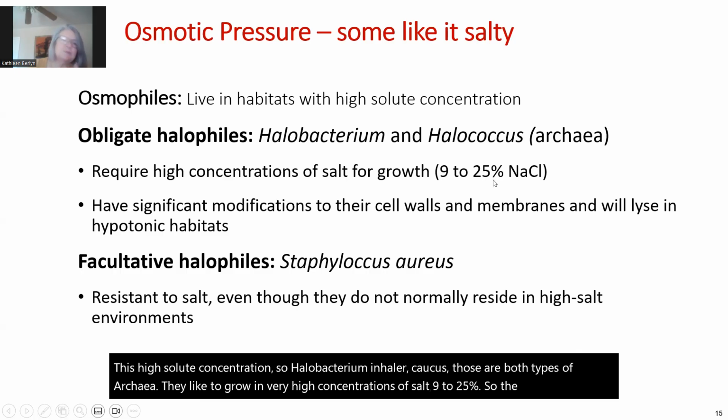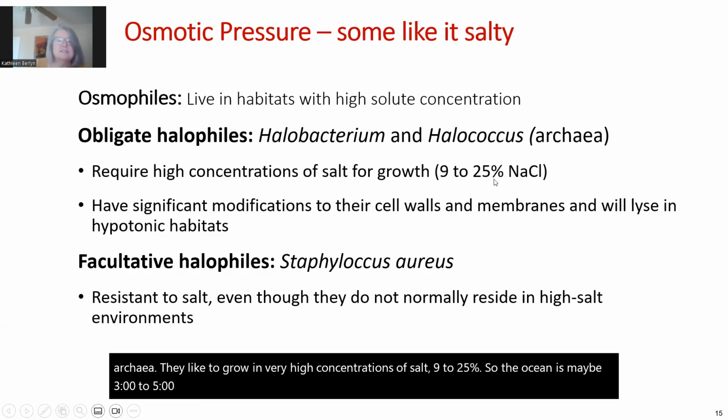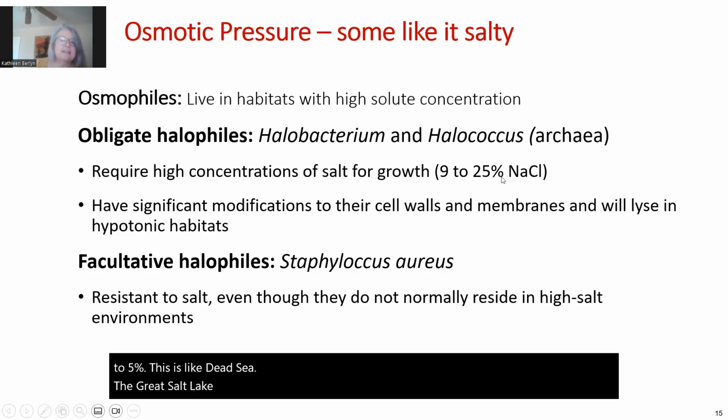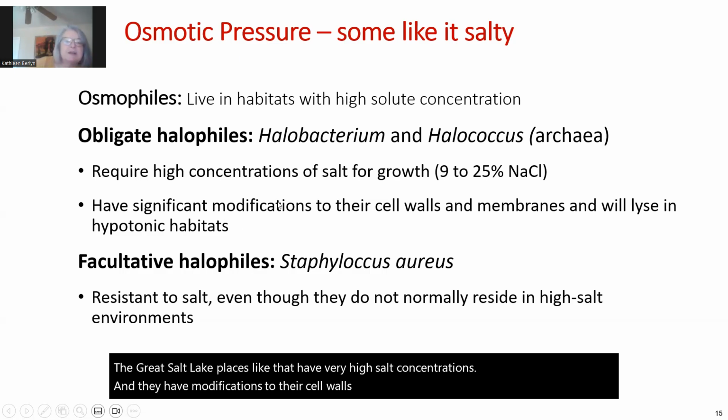The ocean is maybe 3 to 5%. This is like the Dead Sea, the Great Salt Lake, places like that that have very high salt concentrations. And they have modifications to their cell walls that won't allow them to grow in hypotonic conditions.